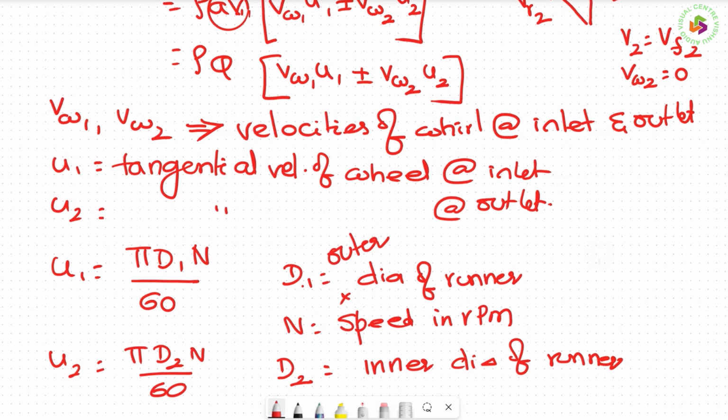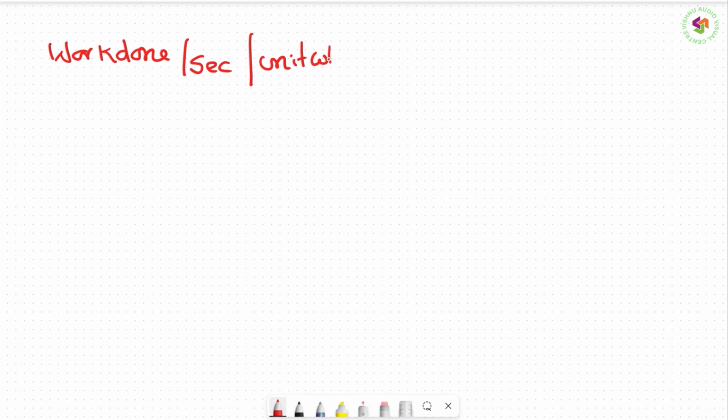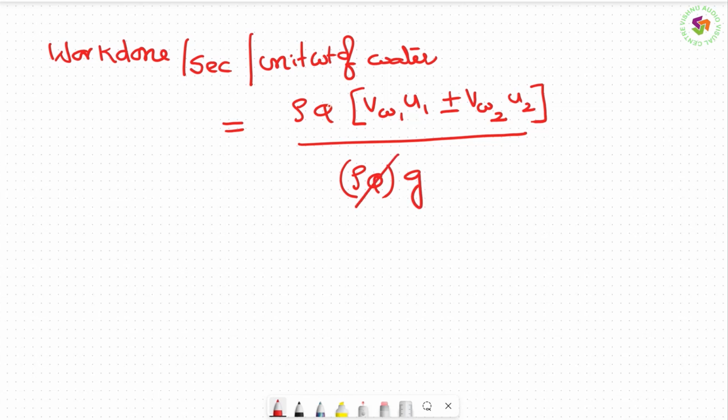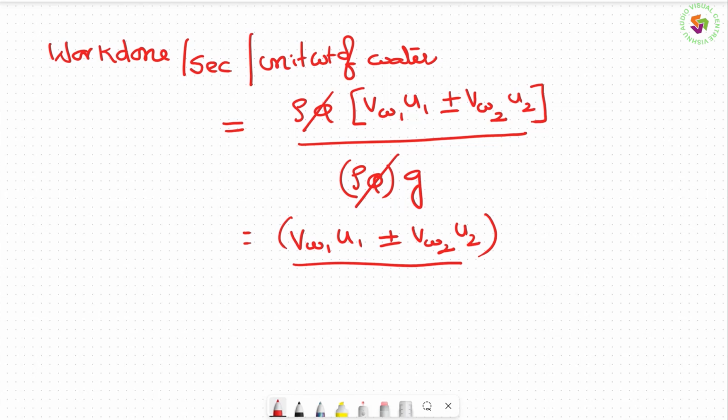So, work done per second per unit weight of water is equal to rho Q into VW1 U1 plus or minus VW2 U2 divided by rho Q g. Rho Q is mass, and weight is mass into acceleration due to gravity. So this gives VW1 U1 plus or minus VW2 U2 by g.